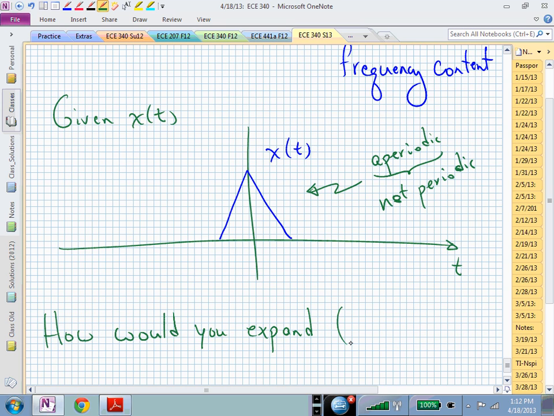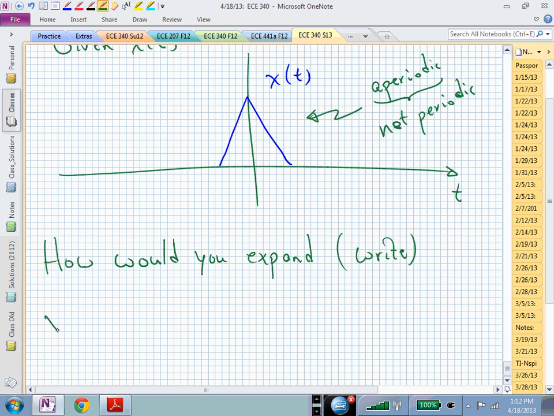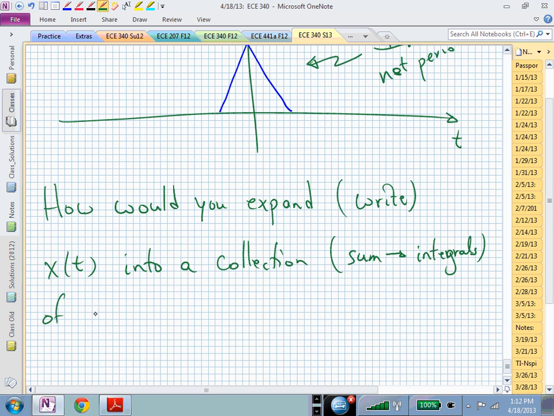Is there a way, though, that we can expand or express or write x of t into a collection, which means maybe we want to sum these up, or in the limit, maybe now we're doing integrals of complex exponentials?